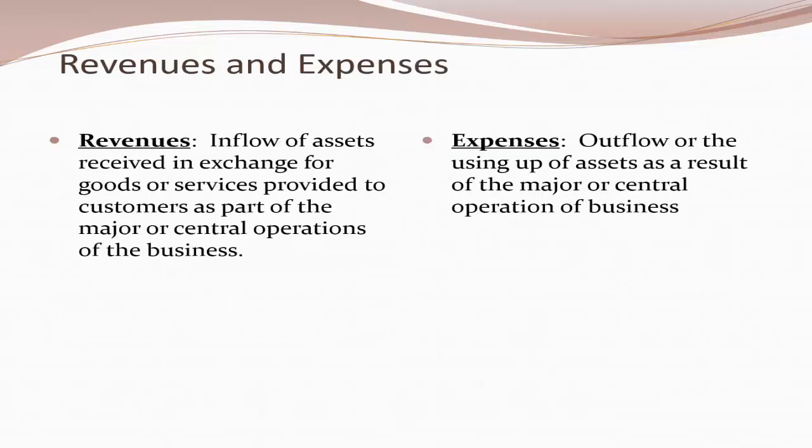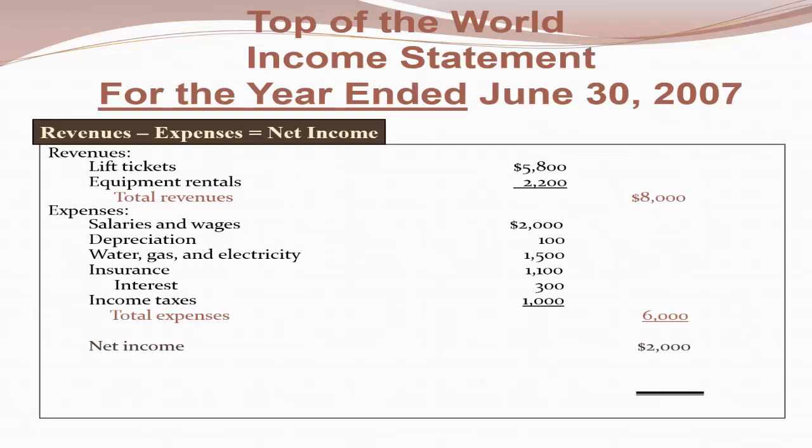The revenues are inflows of assets received in exchange for goods or services provided to customers as part of the major or central operations of the business, and the expenses are outflows or the using up of assets as a result of the major or central operations of the business. This is an example of an income statement, and we have it here, revenues minus expenses.